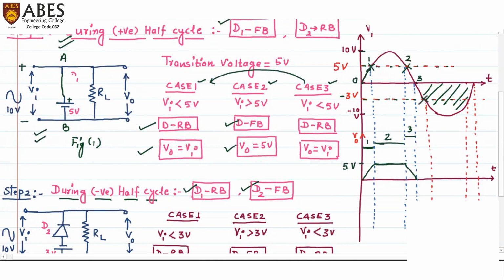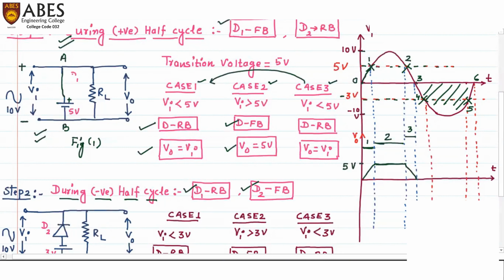This is the first point and this is the second point. So we can see the negative half cycle is again divided into three parts: first part 3 to 4, second part between points 4 and 5, and the third part between 5 and 6.